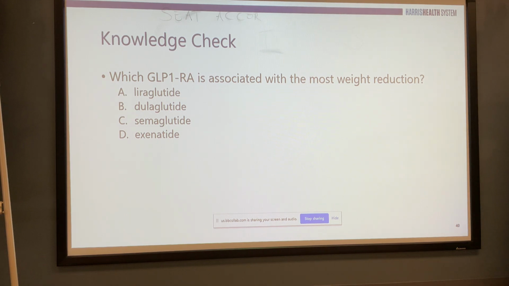Alright, can I get a reader? Which GLP-1 RA is associated with the most weight reduction? High dose liraglutide is suggested.